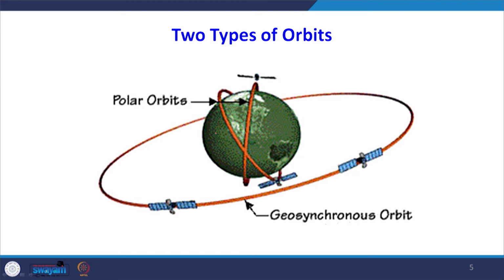One is the polar orbit, where the satellites are moving at very low altitude, and the other one is the geosynchronous orbit, where the satellites are moving far away from the earth. So, these are the two broad categories, polar as well as geosynchronous orbits.